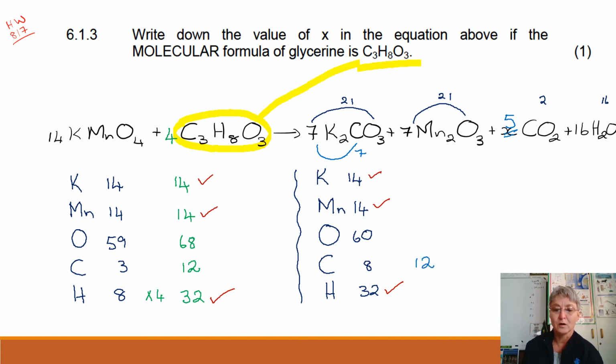So the carbons are balanced. Now we need to check the oxygens. We've got 21 oxygens plus 21 oxygens, and here we now have 10 oxygens, so that makes it 52 plus the 16 oxygens there makes it 68. So the equation is balanced, and to answer the question, the value of X is 5.